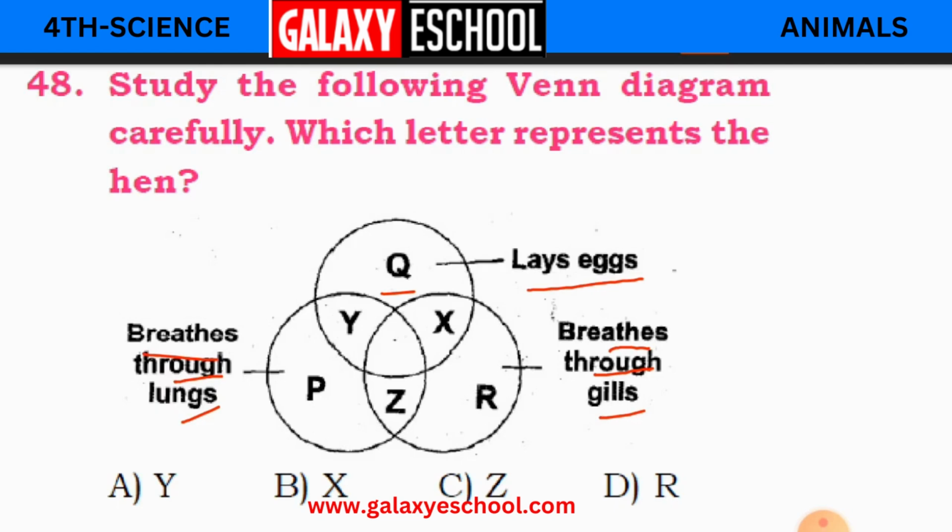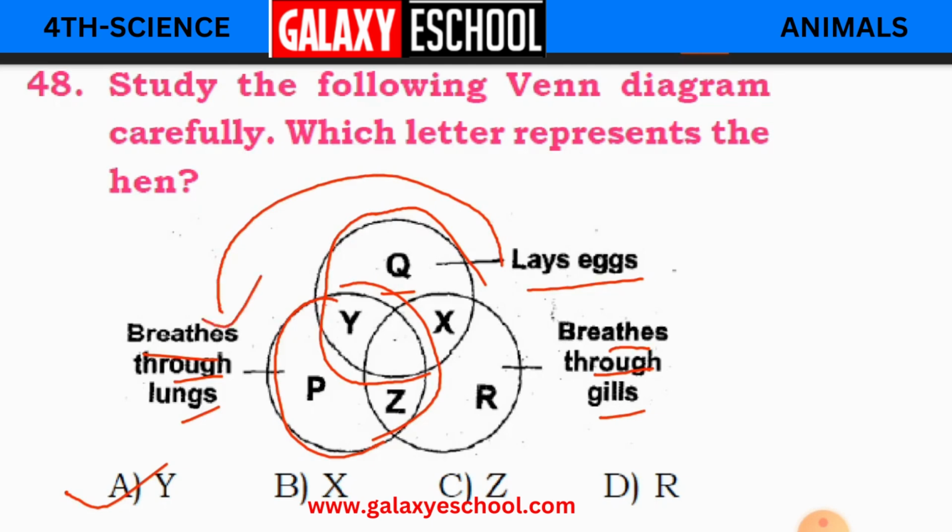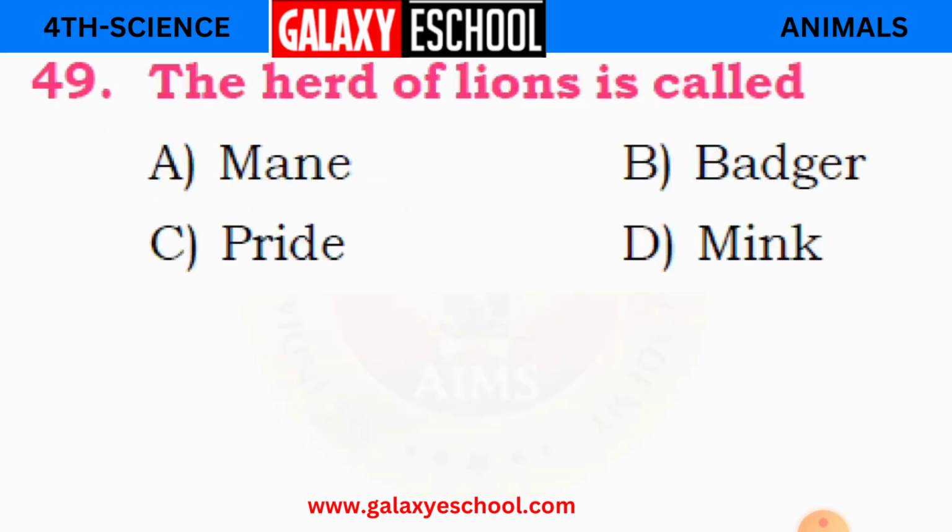In this Q, which lays eggs and also which breathe through lungs, that is why Y. Y is the correct answer. So, here these two qualities, which is hen lays eggs and breathe through lungs. Clear, children? Now, 49th question.